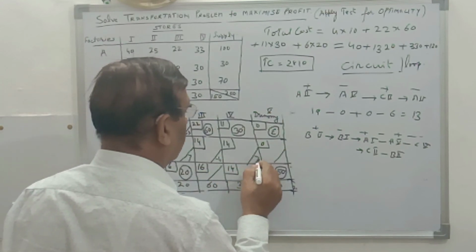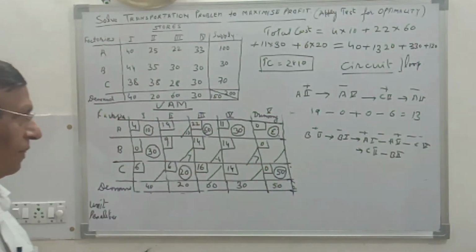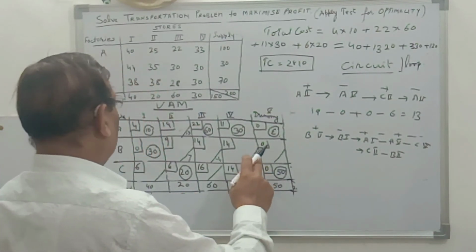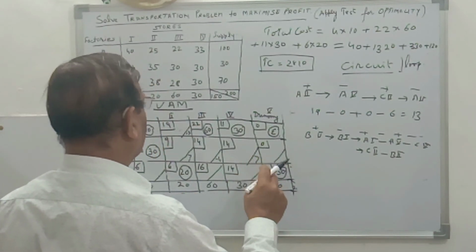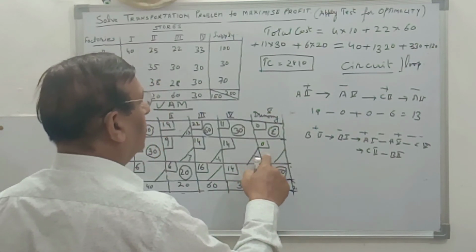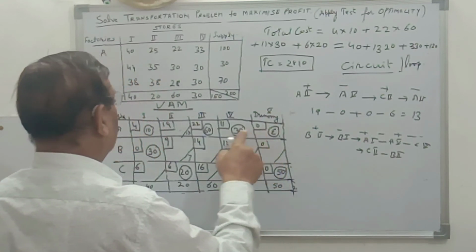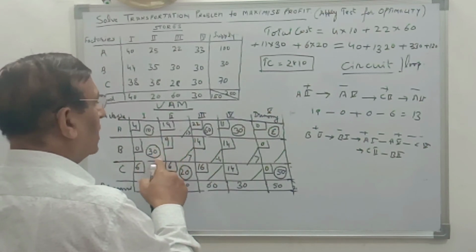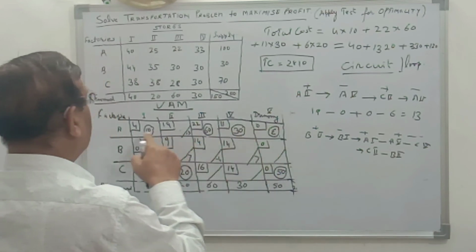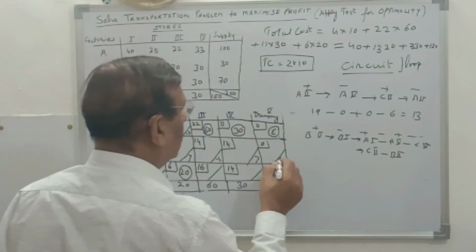So it is a 7. Now here 0. You have to come back to this 0. Now draw this. From 0 go to this. Then come to this. Go to this. And again come to this. 0 minus 0 plus 4 minus 0. It is 4.